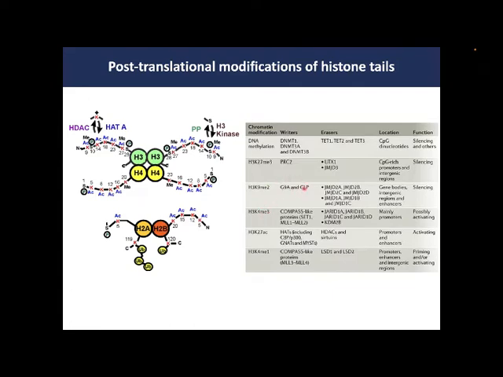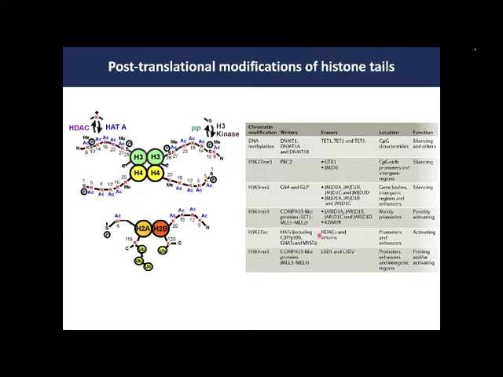Also, there are writers and erasers to enable the dynamic change of these histone tails. We also previously talked about HAT, histone acetyltransferase, and HDAC, histone deacetylase, which are important to regulate the compactness of the chromatin, mediated by K27 acetylation.